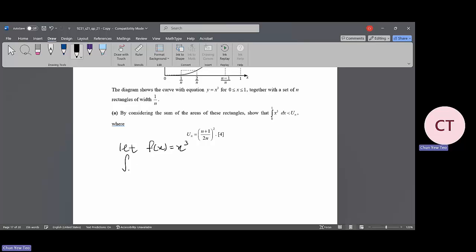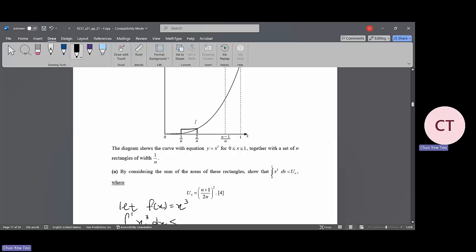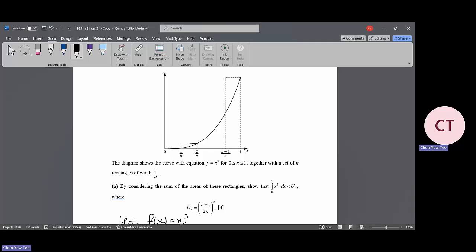If you integrate 0 to 1 x cubed, less than means the height of the rectangle is actually higher than the graph. So your first rectangle is here.